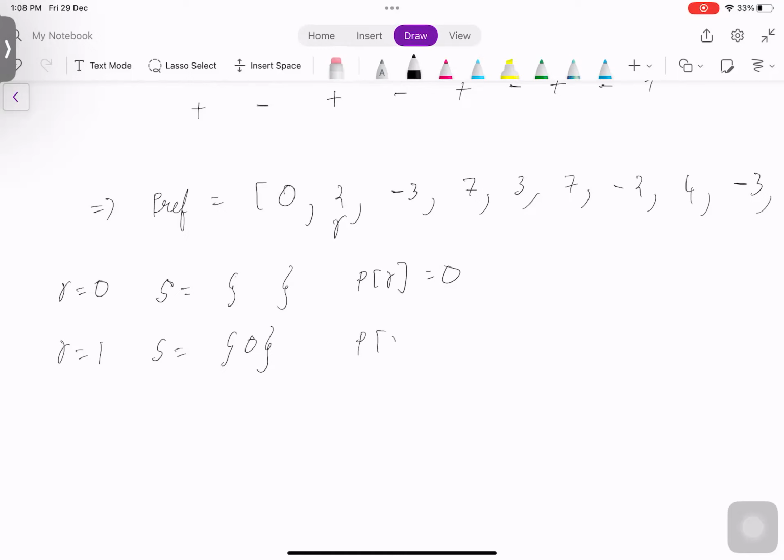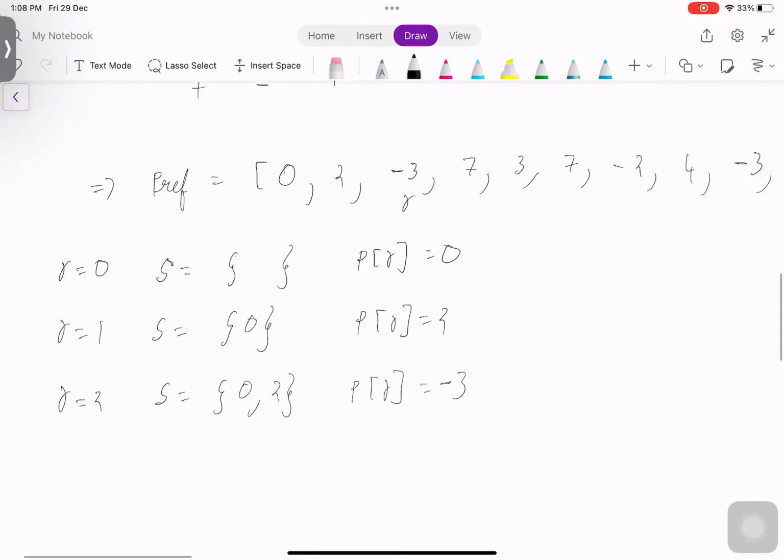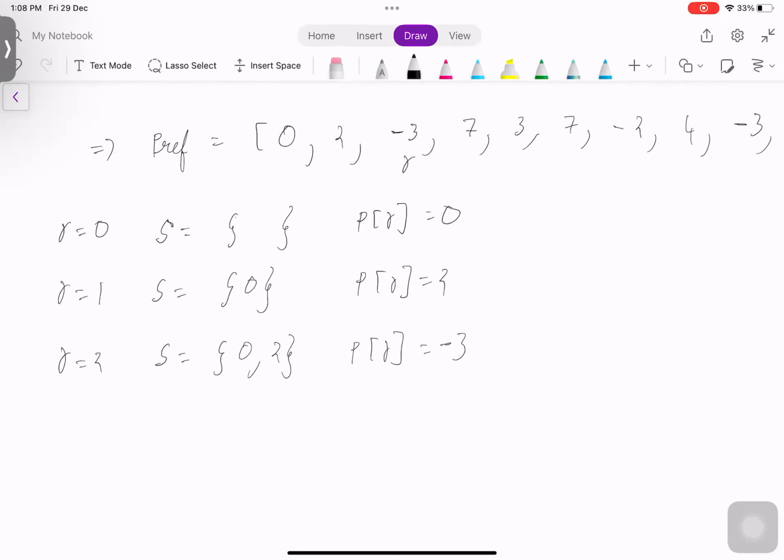So PR is 2, and 2 is not present in the set. Now R moves over here, so we put 0 and 2 into it. Minus 3 is not present in the set. We'll just check if it's present or not.